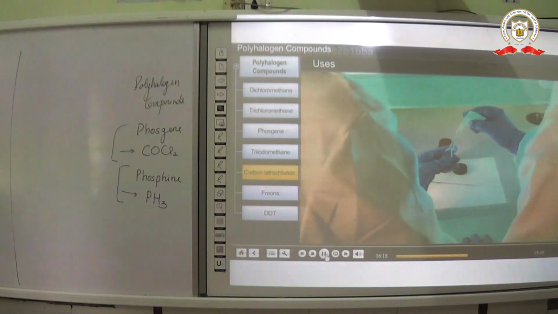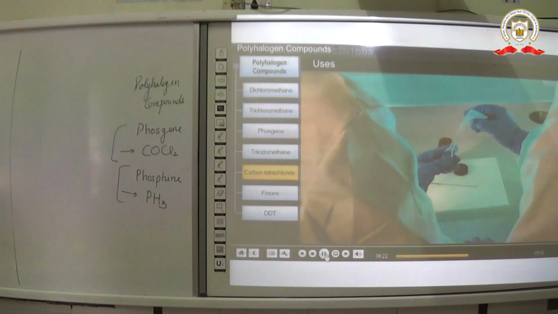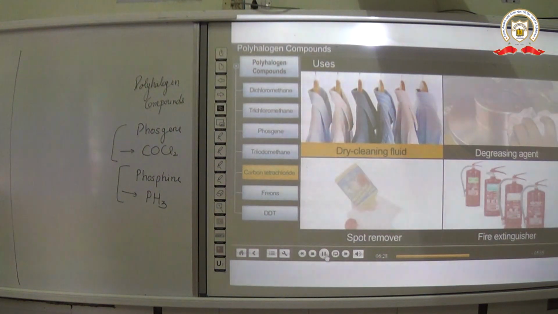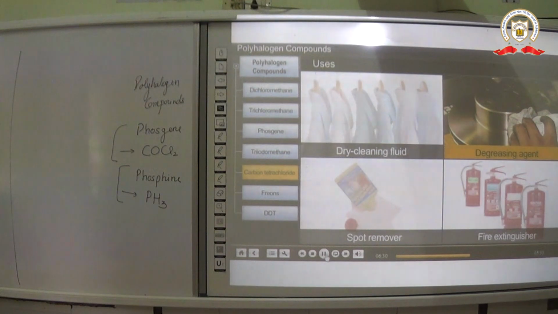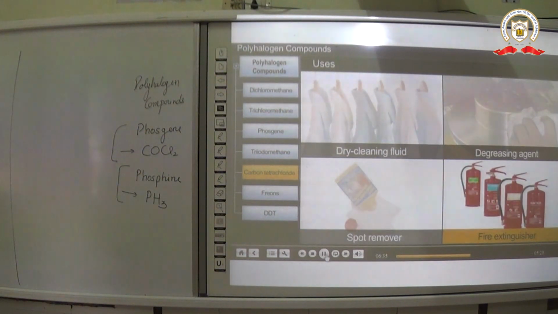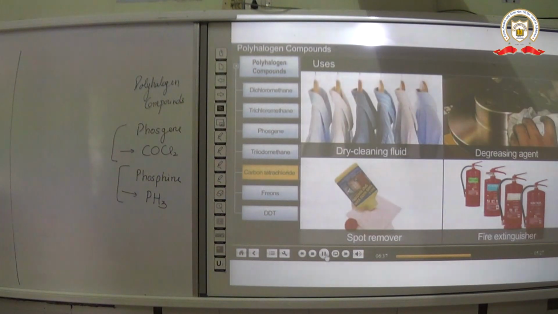Due to safety concerns, many chemists prefer to use other solvents. In the past, it was used as a dry cleaning fluid, a degreasing agent, a spot remover, and also as a fire extinguisher. These uses have been generally phased out to minimize health risks.